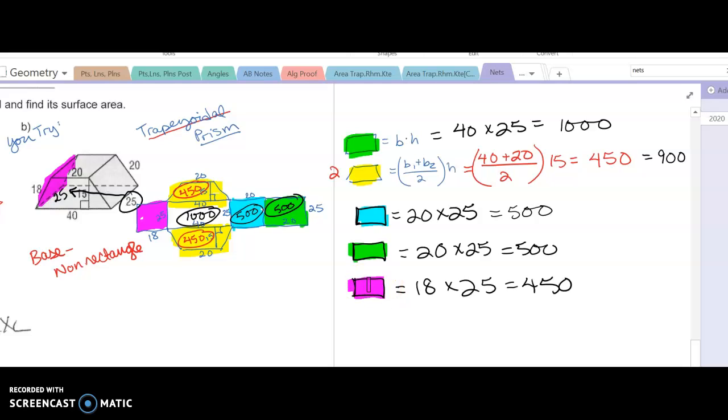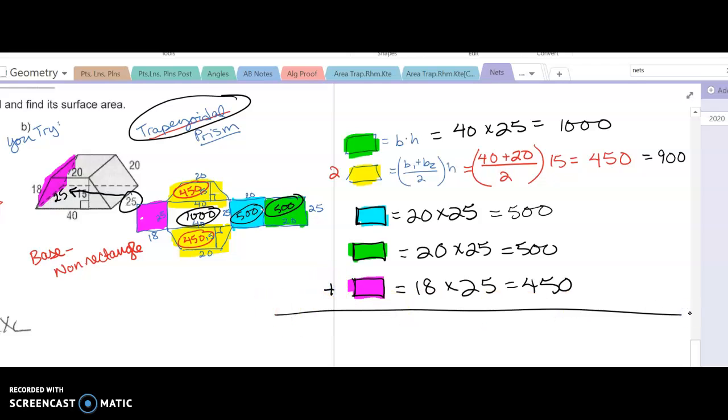And let's make the code word for the next lesson. Let's make it trapezoidal. That's kind of a weird word, and I think it would be good for us to practice using it. So let's see, we're going to add all of these up. And I'm getting 3,350 units squared for the total surface area of this trapezoidal prism.